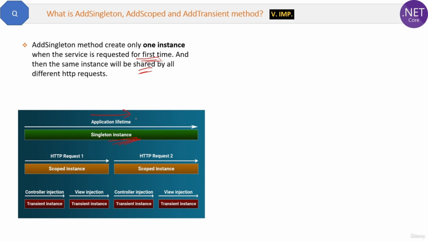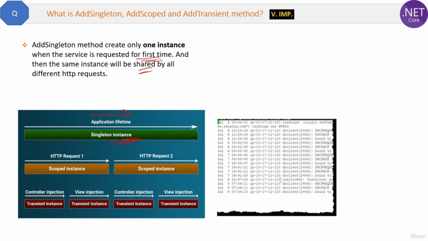Now let's see when we need this singleton practically in real applications. Suppose you create an application and you want to log all the application exceptions or information in a text file. Once a request arrives, you will write the code that if any exception occurs, then open the text file and write the exception, right? For all other requests also, you will not open the text file again.